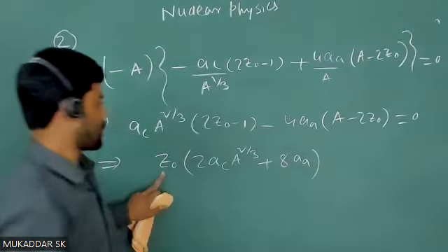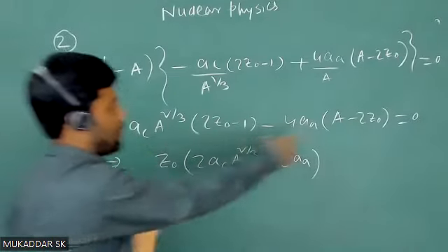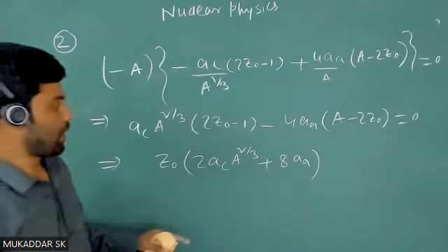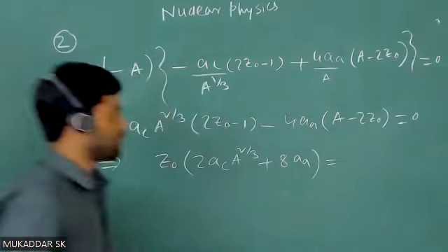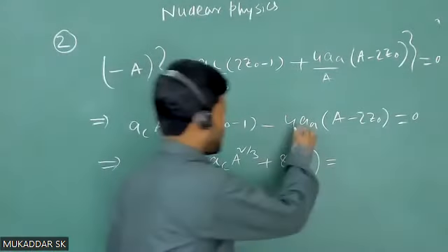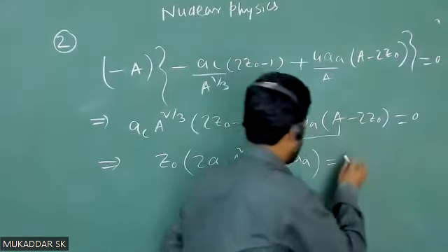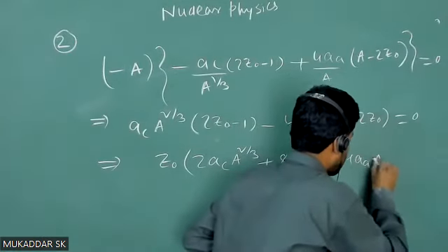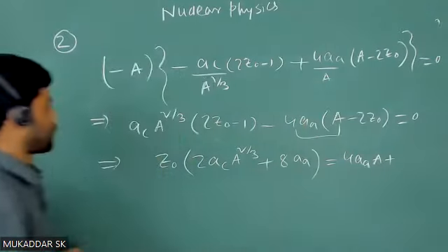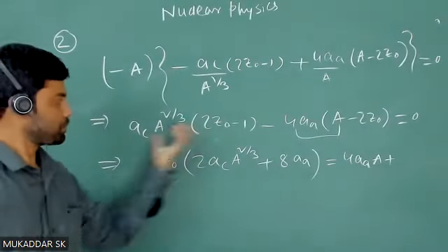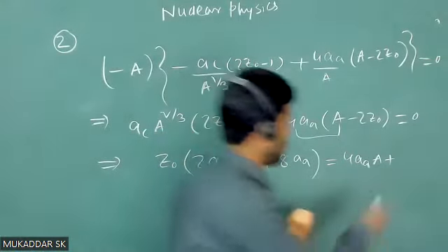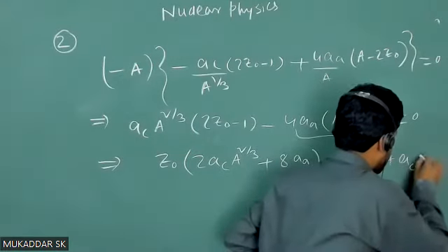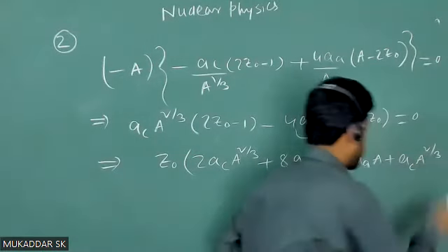You have taken Z0 common, basically you have merged these two Z terms. And on the right hand side, what will go? This term you have minus, that will make you plus 4A_a into A, and this term, that will be A_C A^(2/3).